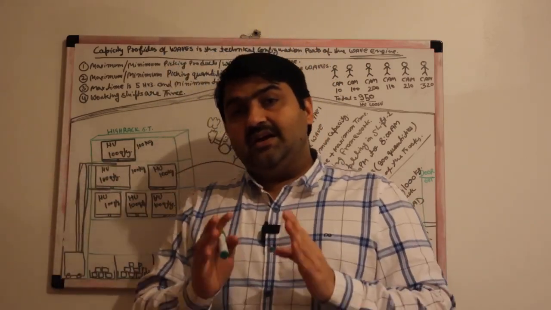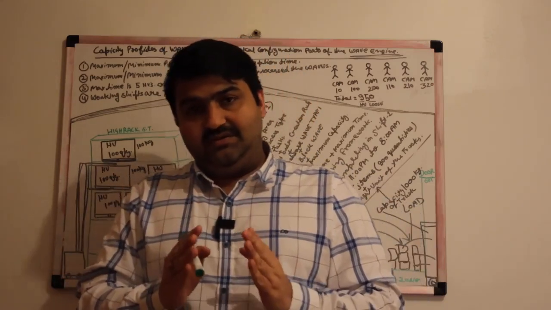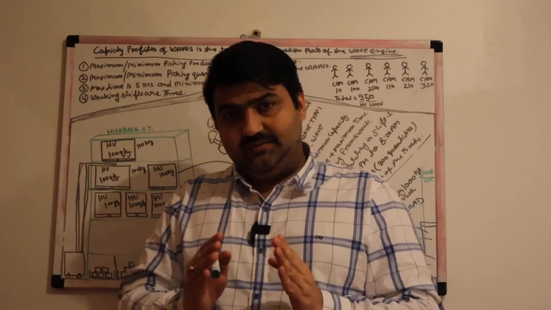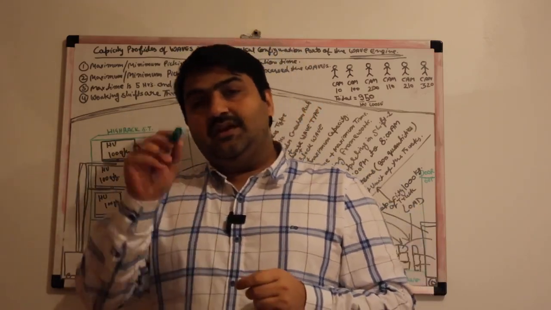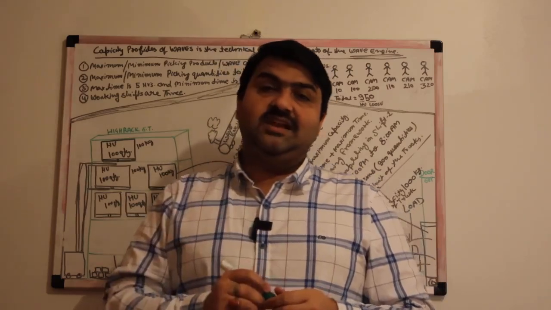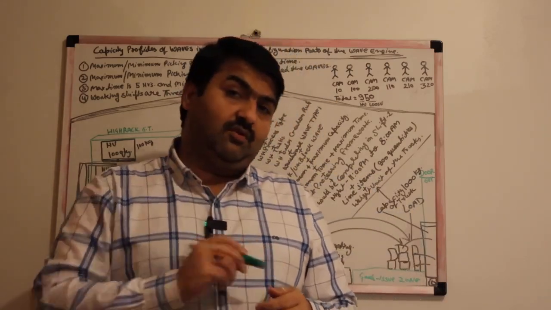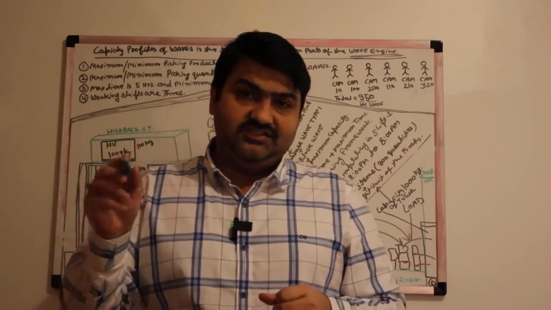I will try to make all this more understandable. I designed one diagram of these business processes where I put some points, and I will explain them point by point. Then you will understand more deeply about the wave engine or capacity profile check.